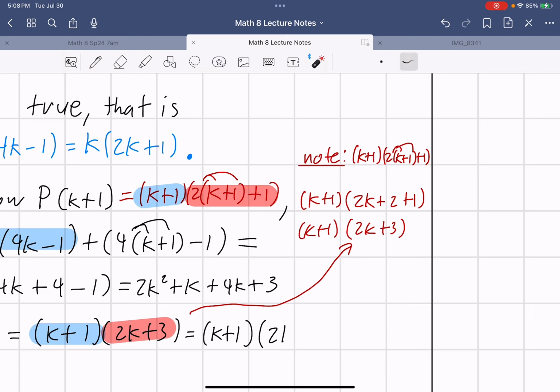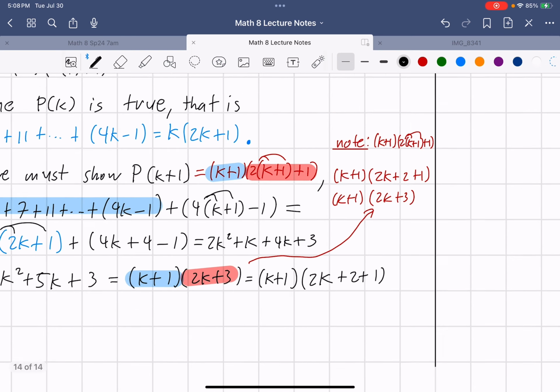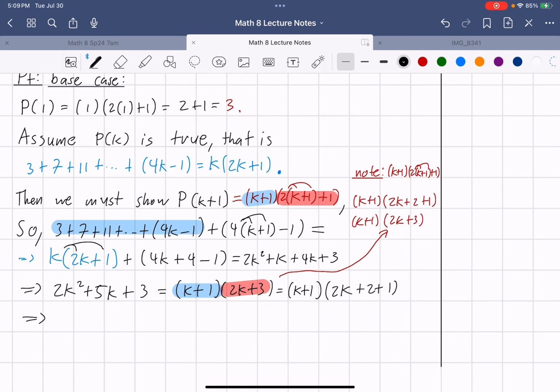So me doing that shows me, again, I'm not saying, okay, cool, I'm done. It gives me a path to get back to what my goal was. So that tells me to write this as 2K plus 2 plus 1. Because that ultimately lets me write this as K plus 1 times 2 times K plus 1 plus 1.